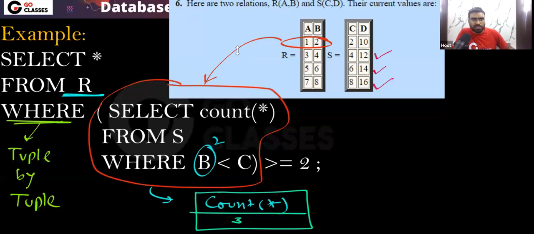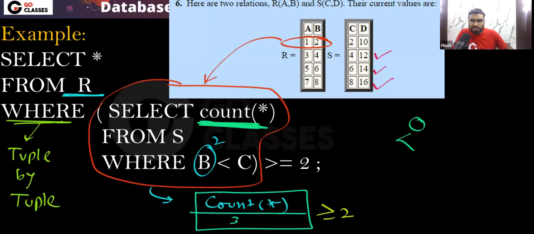Now, did you notice this is a table? Table greater than or equal to 2, does it make sense? Yes, it makes sense here because this is an aggregate. Because it is an aggregate, there is a guarantee.